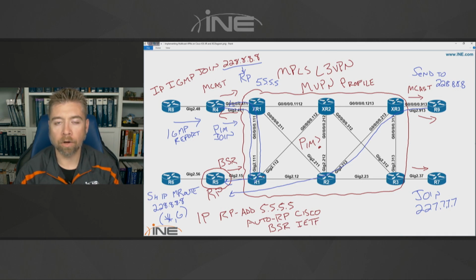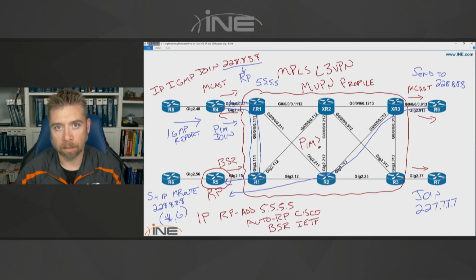So the rendezvous point knows the receivers. Now the sender starts sending its packets in, and the register message goes to the rendezvous point. The rendezvous point says, okay, I know that now, sends register stop back, and it installs that entry into the multicast routing table. Once there is a match between the star G and the SG, the outgoing interface list is populated.